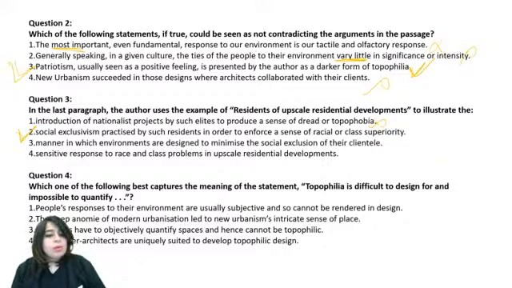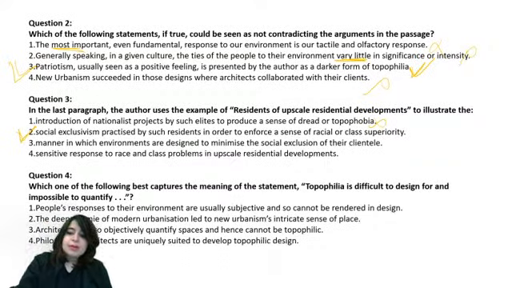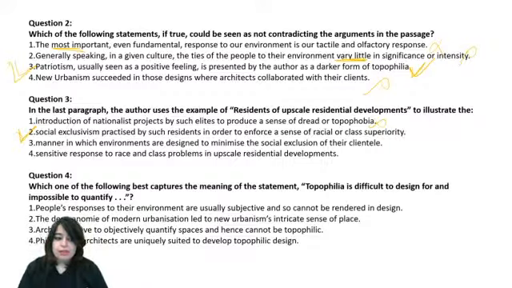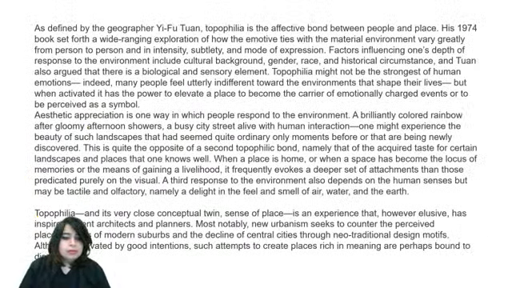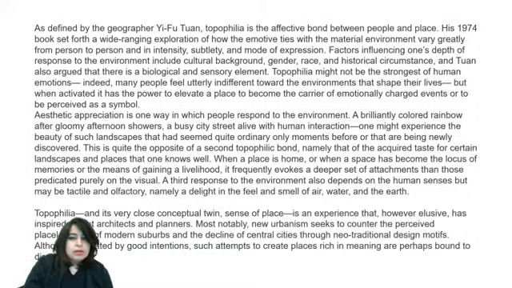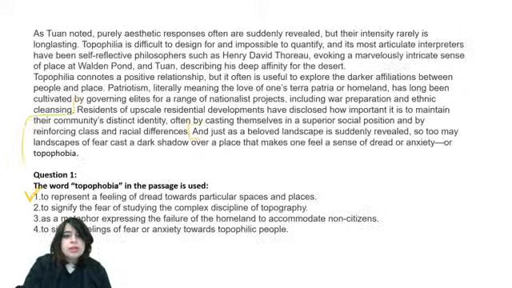The next question asks which of the following options best captures the meaning of the statement, topophilia is difficult to design for and impossible to quantify. So we can just read the sentence that follows this sentence. So let's come to that paragraph. I think it's in the latter part only.